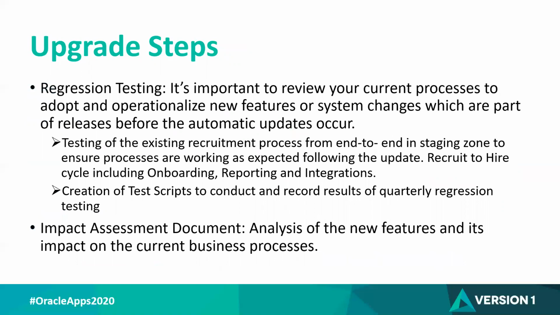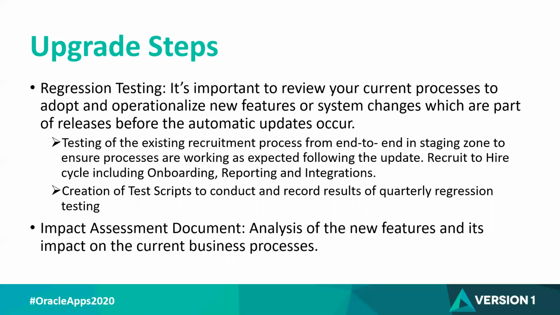These are some high-level upgrade steps that we recommend customers follow. The first is regression testing. Before you begin your regression testing, as I have said earlier, please review your current business processes and adopt and operationalize new features or system changes which are part of releases before the automatic update occurs.